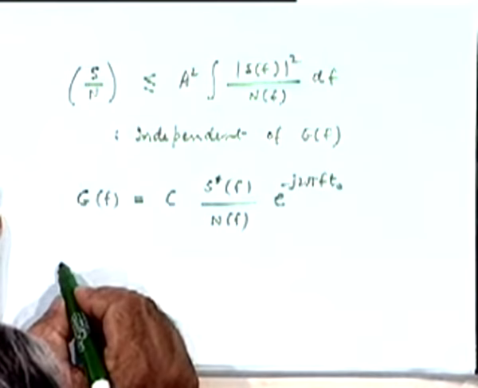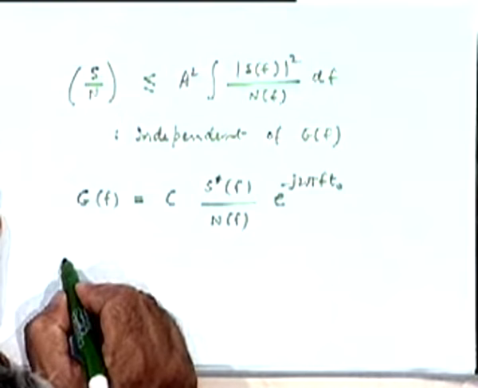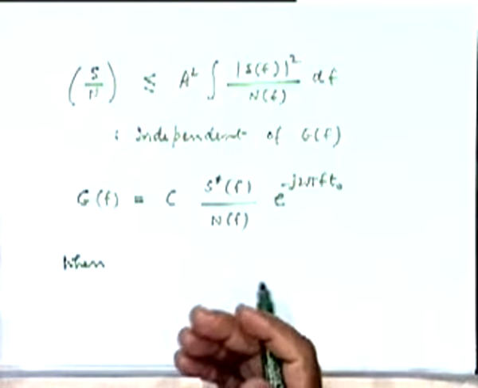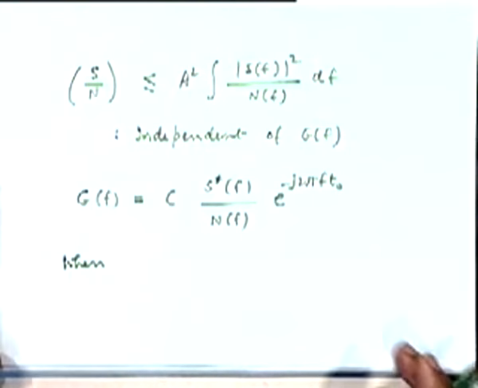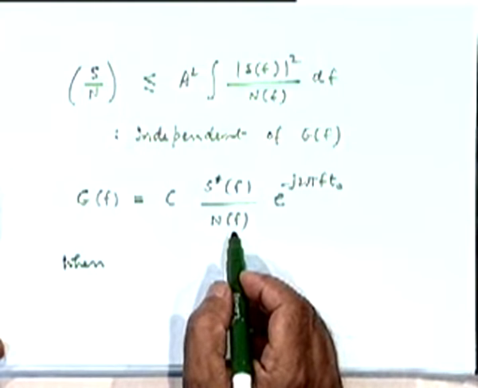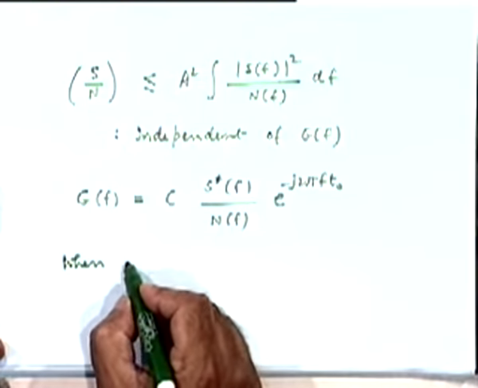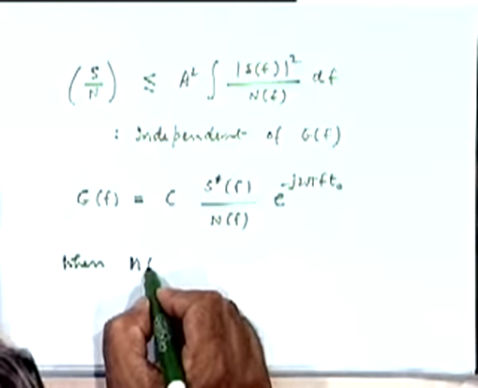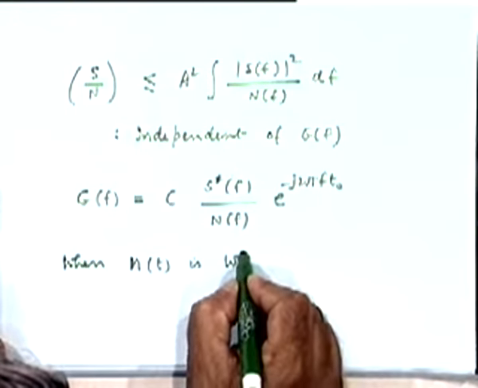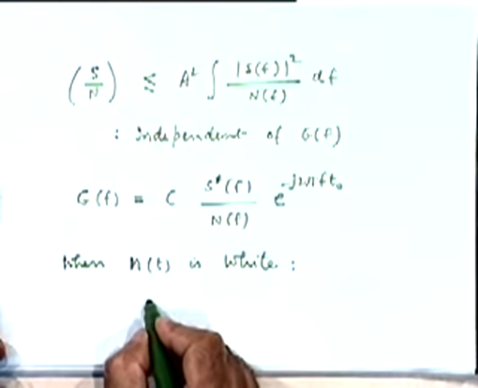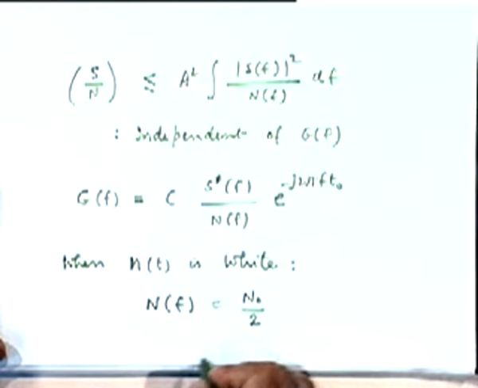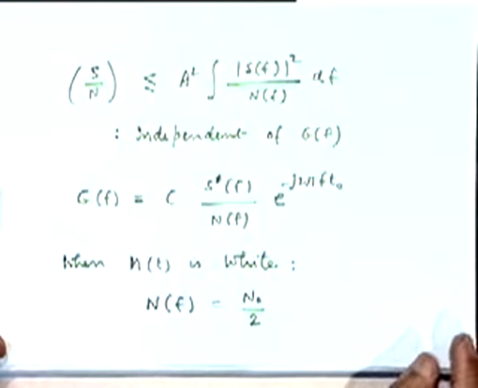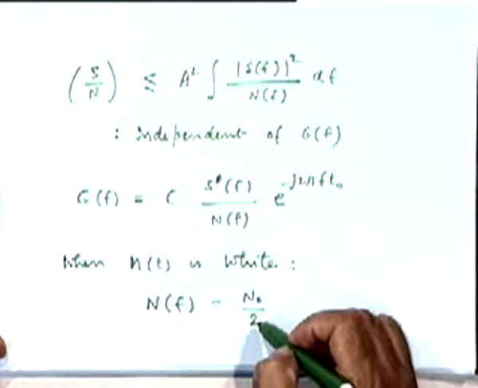Let's take the specific case when your noise to start with is white Gaussian noise. We already assumed it is Gaussian, but we are now making an additional assumption that your input noise itself is white. What does it mean? That N(f) to start with is equal to some constant, say N0 by 2. Then what will be your optimum filter? You substitute that here.